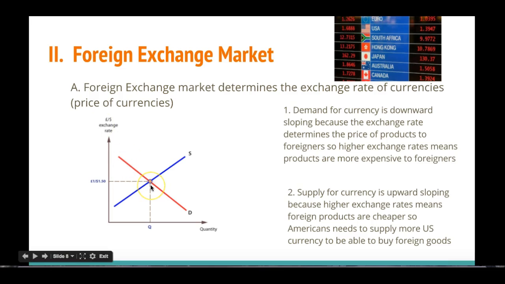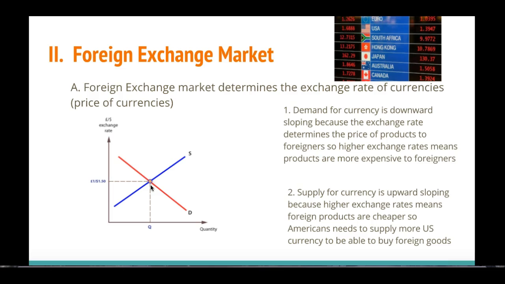So the equilibrium is the exchange rate. In this case, it's 1 euro for every 150 US dollars. Okay, and then the quantity, it doesn't give you a quantity, but that tells you the quantity of US dollars that are going to be at equilibrium.